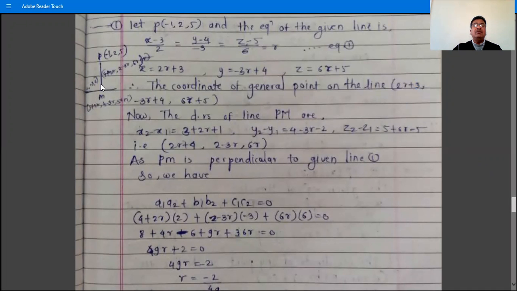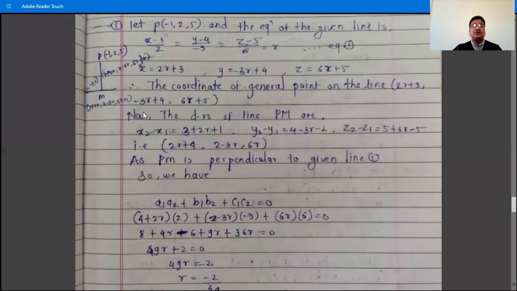Okay, now what do I have to find? We have to find the coordinates of point M. If we have the coordinates of point M, then by using the distance formula we get the distance between these two points.